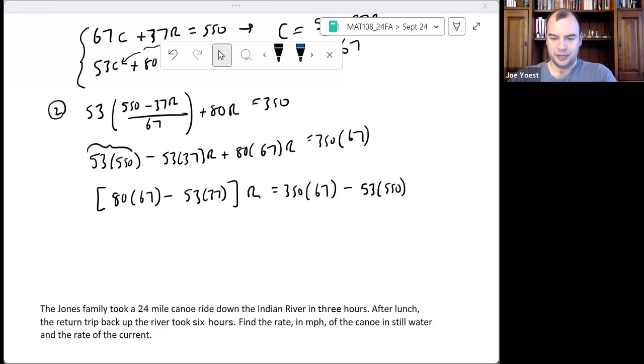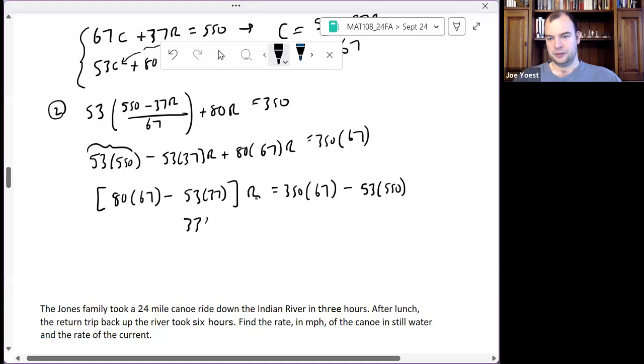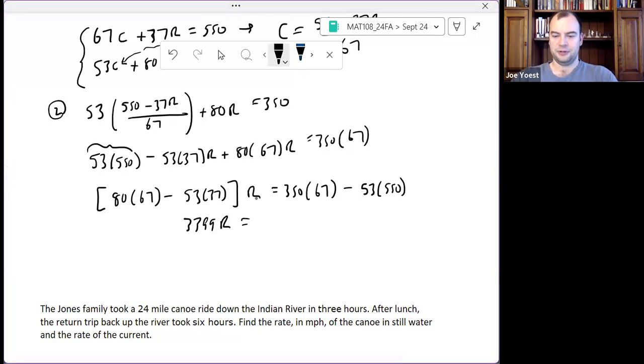So what do I need? I need 80 times 67 and then minus parentheses 53 times 37. So this gives me 3399 R equals, and I have 350 times 67, 23,450, and then minus 53 times 550.